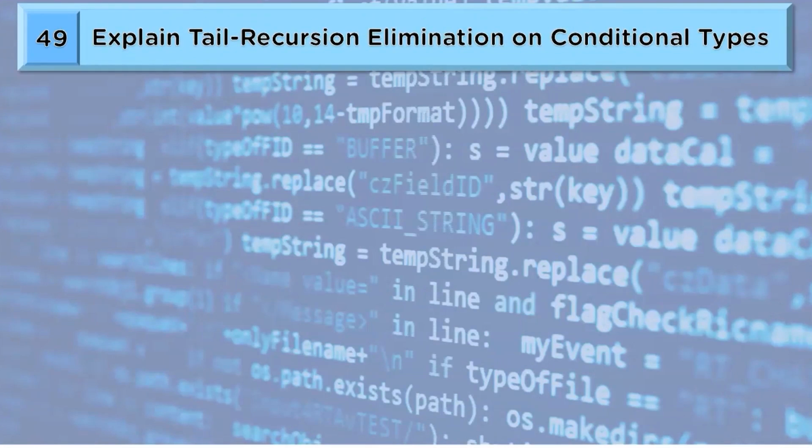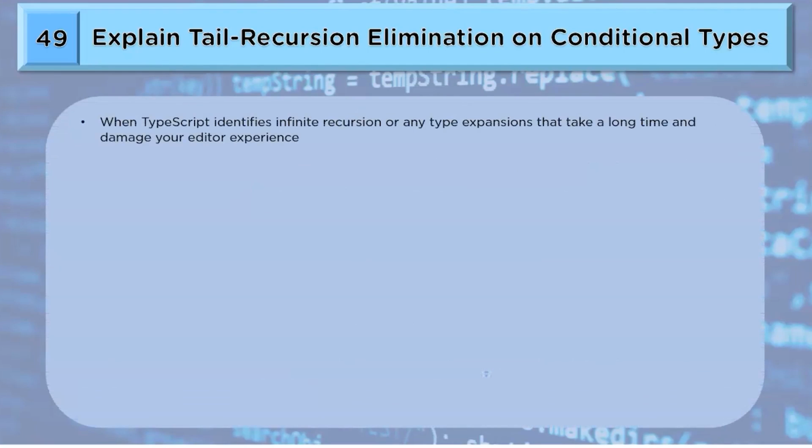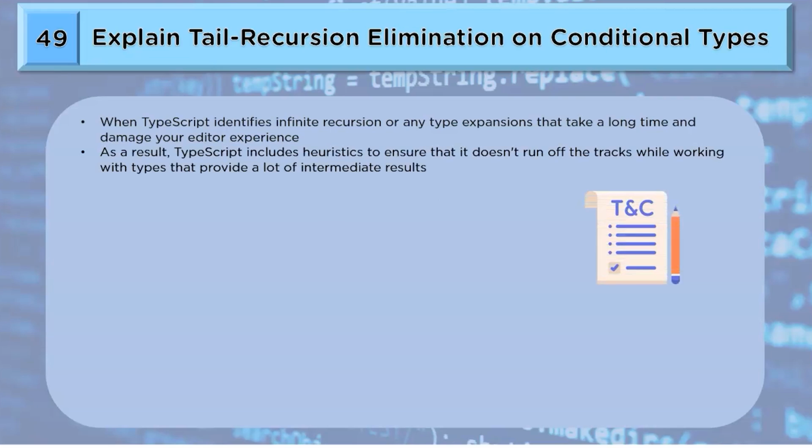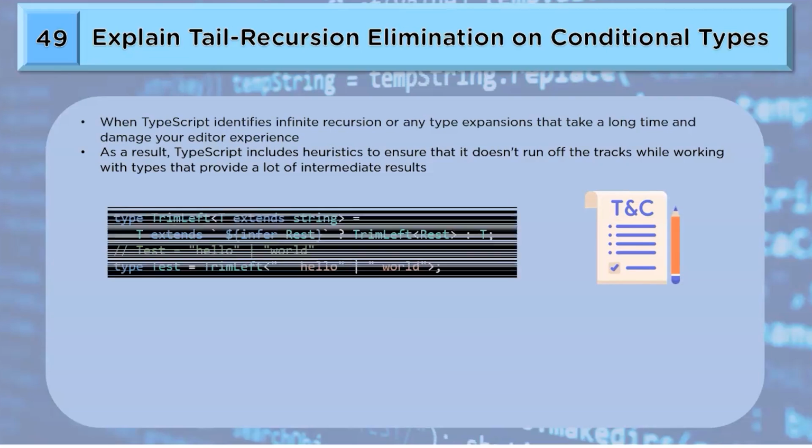Explain tail-recursion elimination on conditional types. TypeScript identifies infinite recursion or any type expansions that take a long time and damage your editor experience. As a result, TypeScript includes heuristics to ensure that it doesn't run off the tracks while working with types that provide a lot of intermediate results.